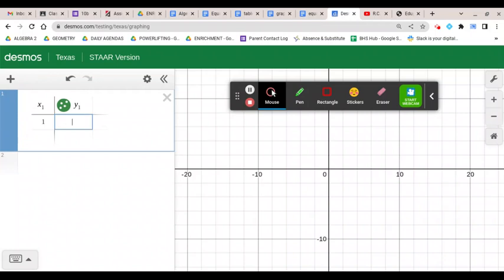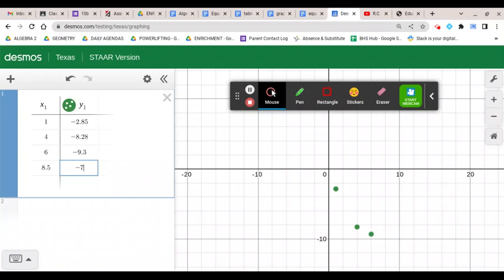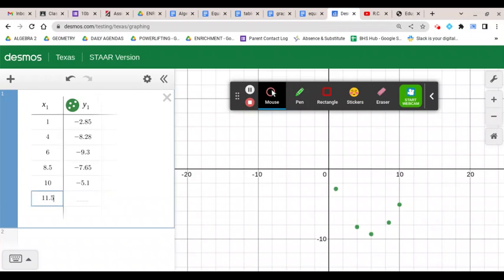And we're going to make our points. 1, negative 2.85. 4, negative 8.28. 6, negative 9.3. 8.5, negative 7.65. 10, negative 5.1, excuse me. And then we got 11.5, negative 1.38.